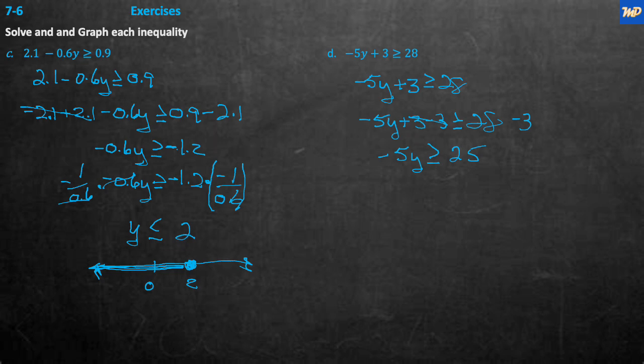Okay, and now we have to clear the negative 5. So to clear that, we're going to multiply everything by negative 1 over 5 times negative 5y. I'll put a parenthesis on here. Multiplying is greater than or equal to 25 times minus 1 over 5.